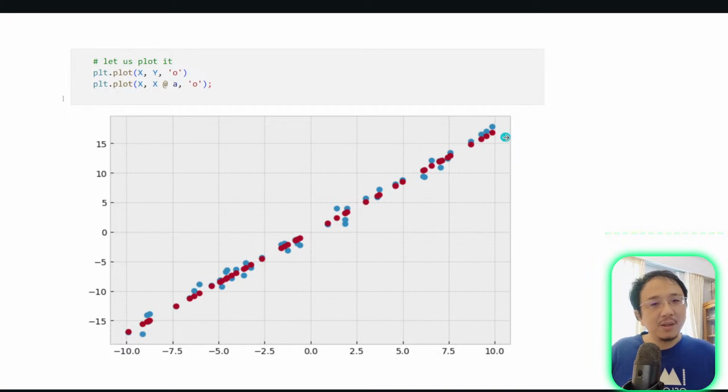Even with the perfect 1.72, you can try to plot the prediction with the perfect parameters.